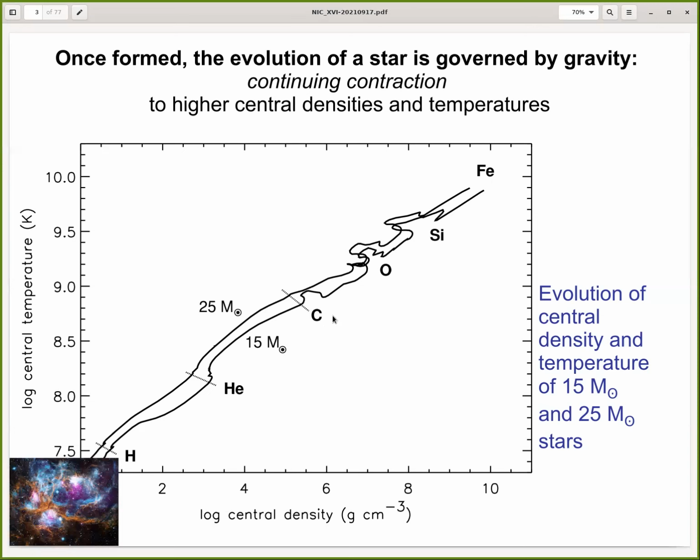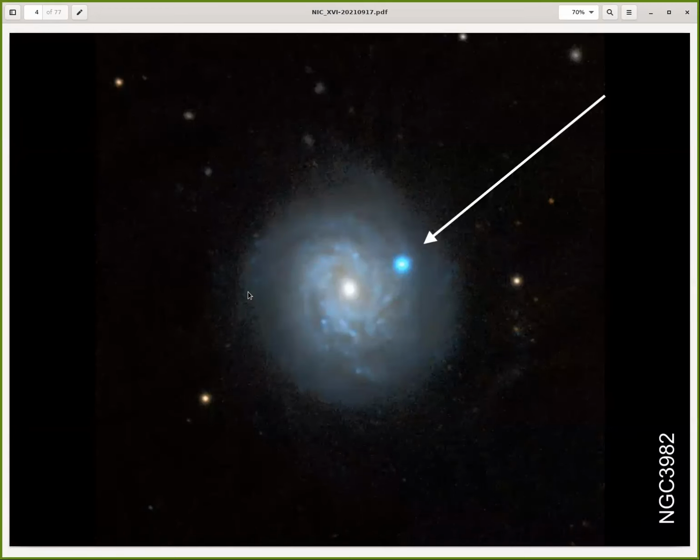And so this shows you for two trajectories, a 15 solar mass star, so initially born with 15 times the mass of the sun, and a 25 solar mass star, so a star initially 25 times the mass of the sun. And after that, when you reach that end phase, then you see some event that is a supernova, a very bright explosion.